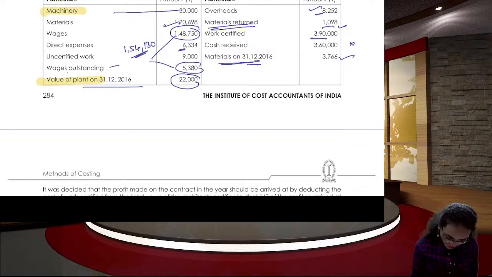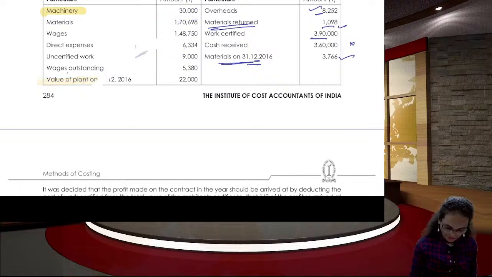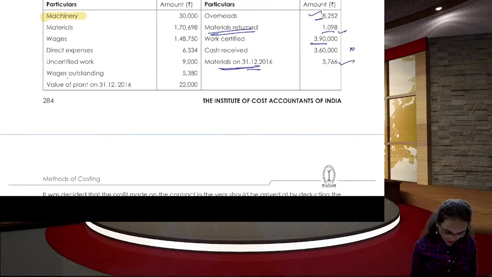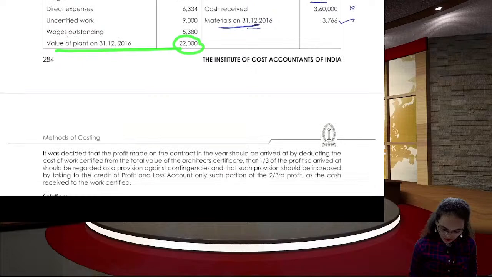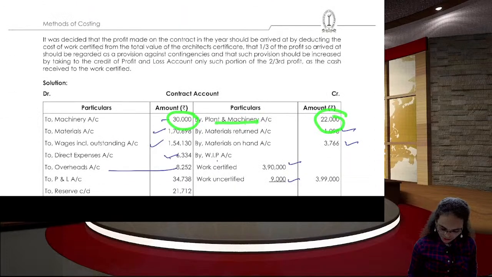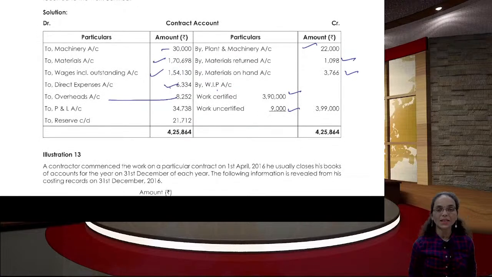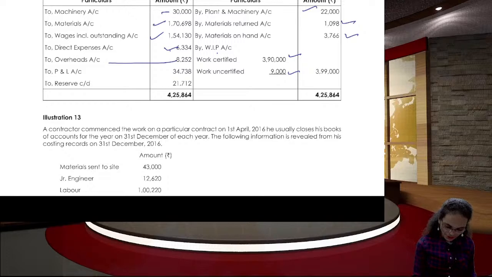See, this is the opening machinery and this is the closing machinery, 31st December 2016. So this is the opening machinery, you write this 30,000 in the opening one. This is the closing machinery ending, 22,000. You write 22,000 plant and machinery. So everything you got, this one also you got. Now you do the balancing figure, you will get the profit. How much profit will you get? I'll do the calculations.